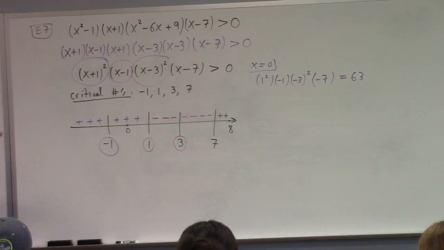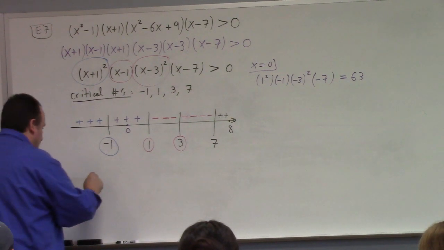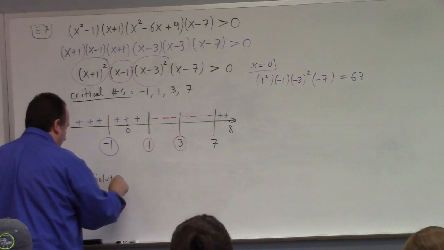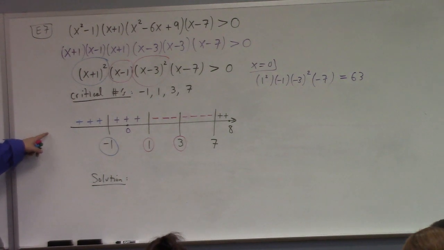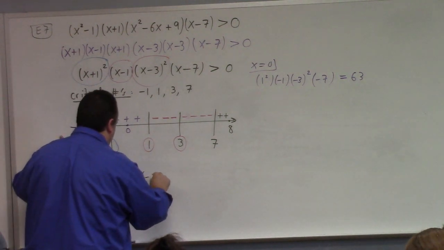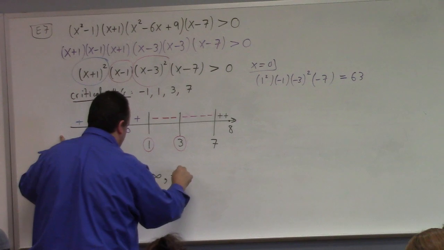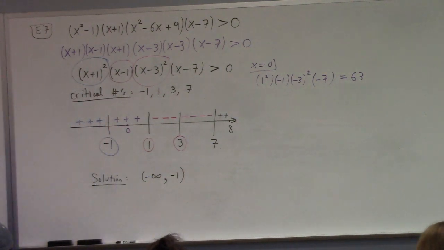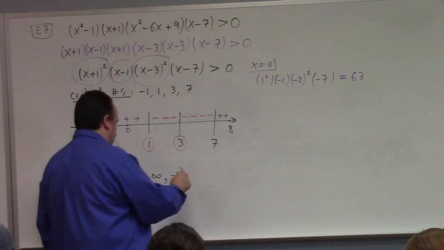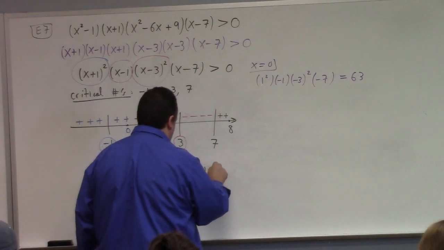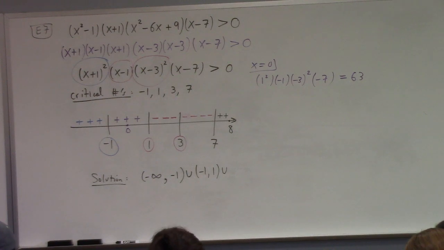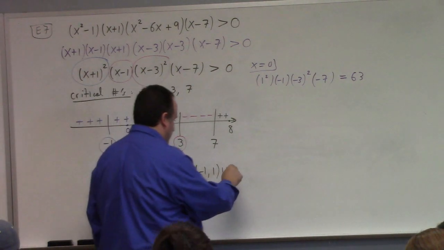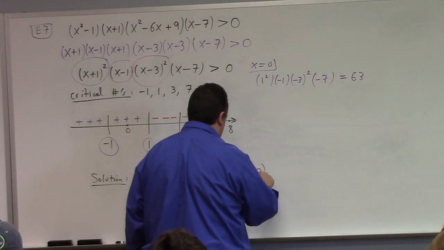So now I can solve the problem. Where is it positive? What's the solution? We've got minus infinity all the way to minus 1, not included, and then union, minus 1 to 1, union with 7, not included, to infinity.